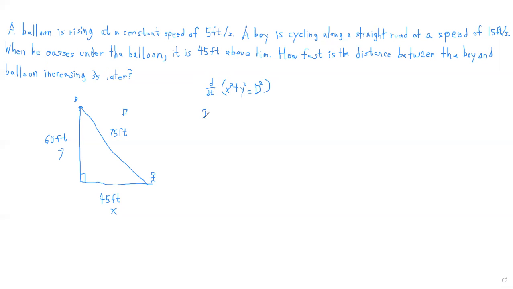So this goes to 2x dx/dt plus 2y dy/dt is equal to 2D dD/dt.